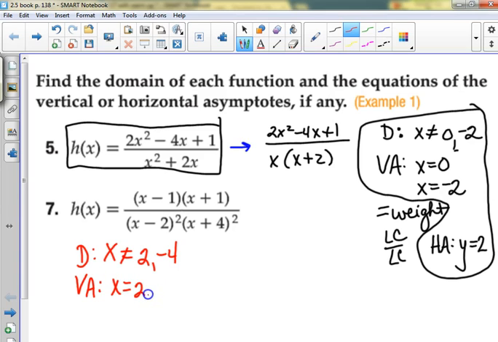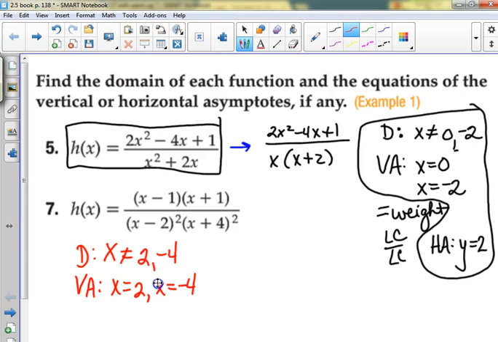The fact that they're squared, guys, would have to do with what's happening on either side. The tails on either side will go the same direction because it's a squared asymptote. Okay, but it still is a vertical asymptote. Instead of doing this on either side, it's going to go either this way or they're both going to go this way.